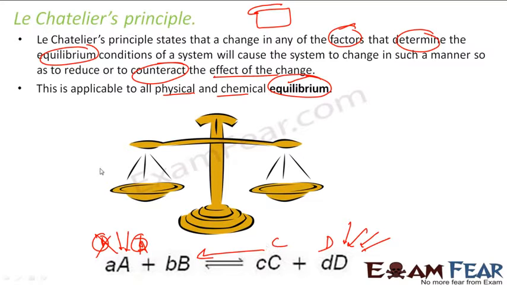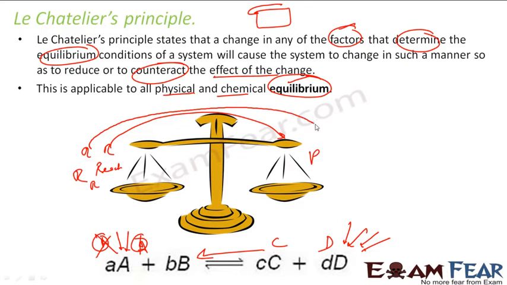For example, if you add more reactant here, according to Le Chatelier's principle, some of this reactant will react and form product. Some, not all. If you added, let's suppose, 6 reactant, 3 of that will go and form product, and 3 will remain. So there are 3 more reactant and 3 more product, and the system is kind of balanced, right?